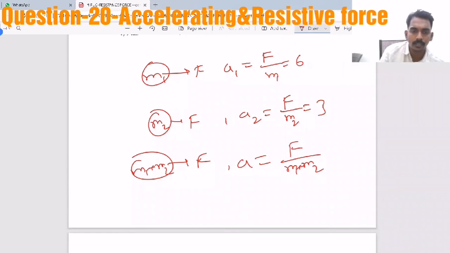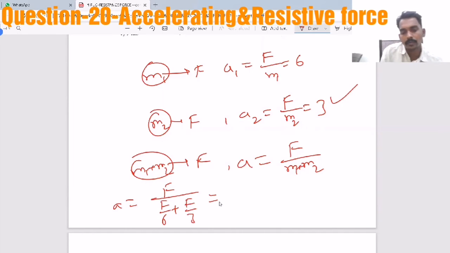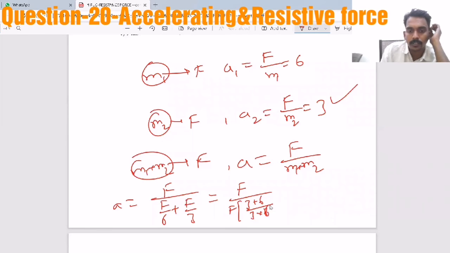But from the first equation, we can find that F by m1, I can write m1 as F by 6. And from here, m2 I can write as F by 3. And if you take LCM, then F if you take common, 3 plus 6 by 3 into 6. So equal to 18 by 9.